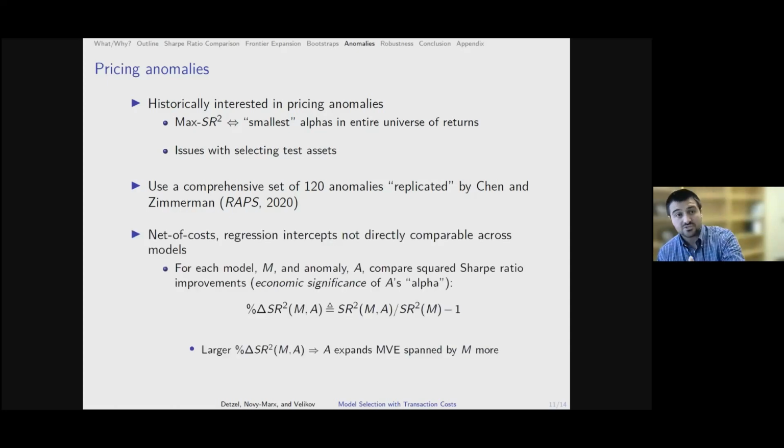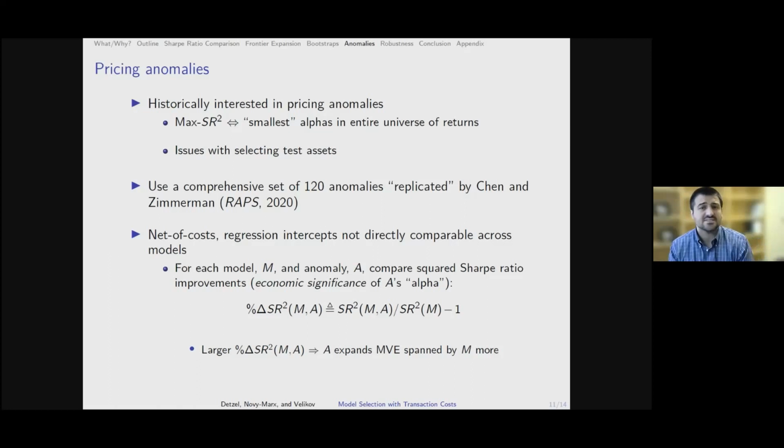So with those anomalies in hand, we want to compare the net-of-cost performance of factor models. But as we already discussed, we can't really estimate alphas the way we normally do. So what we're going to compare here is a statistic which is again a form of frontier expansion measure. It's essentially the percent change in the squared Sharpe ratio from adding an anomaly to the set of factors in a factor model.